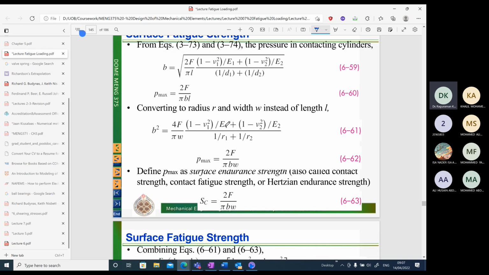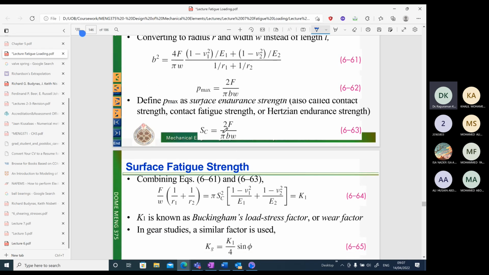All the constants are evaluated here. E1, E2 are the Young's moduli for the two cylinders, then the Poisson's ratios, the corresponding radii for the two cylinders, and the force applied between them. Based on this, we calculate Pmax.